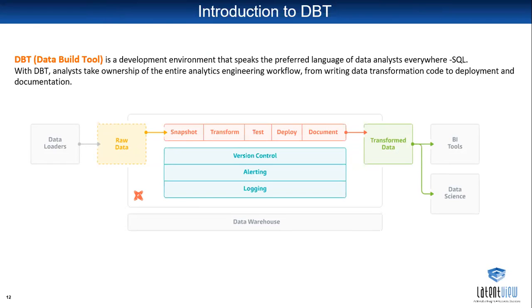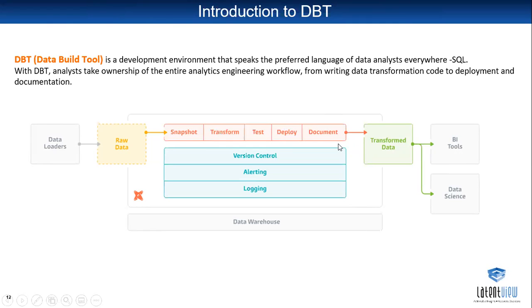But when Snowflake goes with DBT, it seems more powerful because it has version control, alerting, logging, and also the documentation part. When DBT goes along with Snowflake, you can have the raw data transformed into the target tables, your testing can be automated within DBT, you can have your deployments automated within DBT to be deployed into Snowflake, and you can also have the documentation set up.